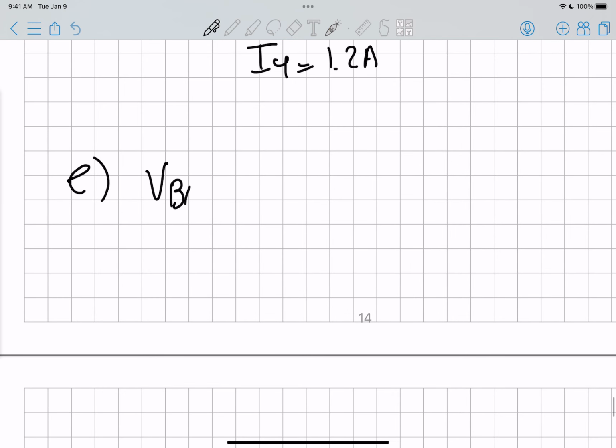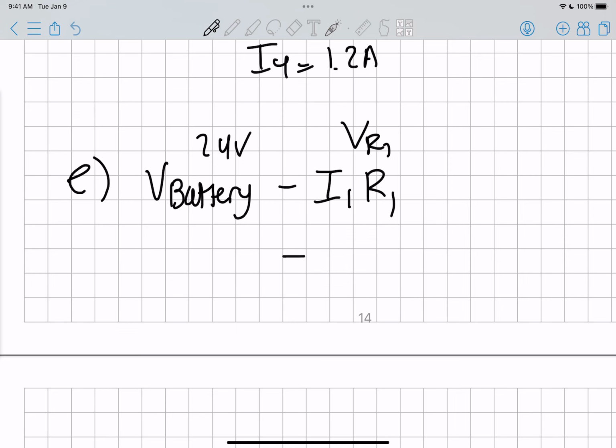Because we know that V battery, we started off with 24 volts and we only went through one resistor. This is the resistor of R1. So I1 R1. So 24 volts minus the current through 1, that was the 2.4 amps, because the current has not been separated or broken off yet. So 2.4 amps, and then times resistor 1, that was 5 ohms. So that's your 12 volts here.